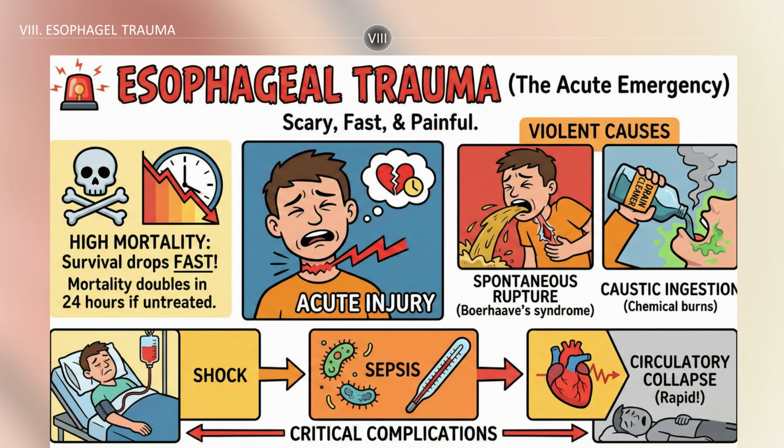Critical complication: it can lead to shock, sepsis, and circulatory collapse very rapidly. We had esophageal cancer earlier, and this is esophageal trauma. So the book expresses the most critical: the esophageal cancer and esophageal trauma.